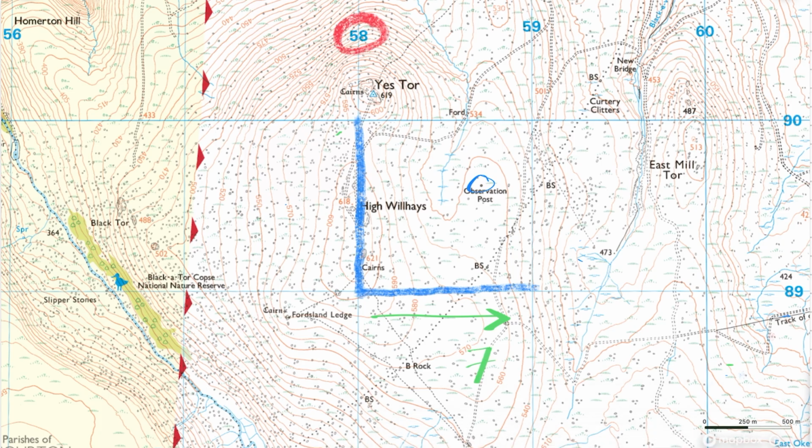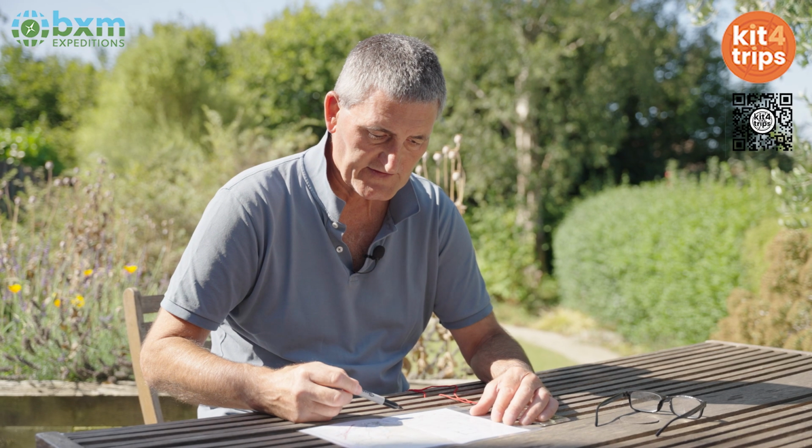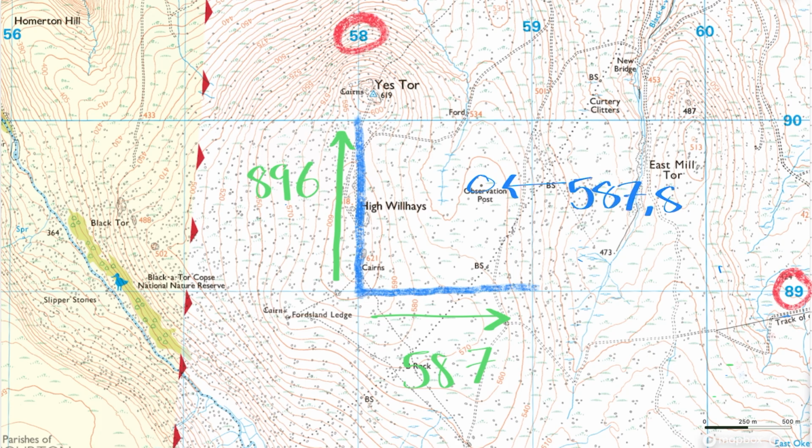Then you go along the northing, which is 89. Imagine how far up towards 90 it is, and it's about 6. So 896. So our grid reference is 587896.